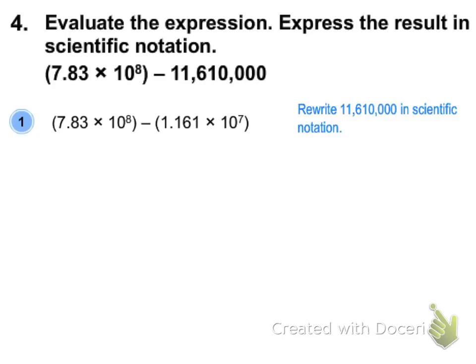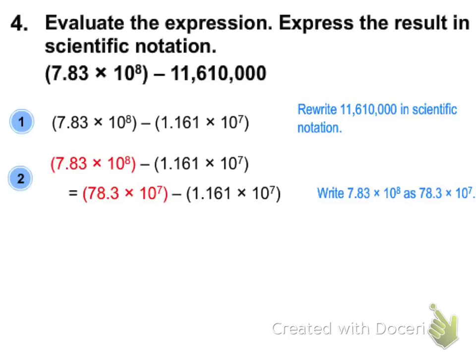I would make them both go to the lower number. I guess it doesn't really matter. You can move them both to the eighth power, or move them both to the seventh power. Eventually, you're going to have to make them go into scientific notation.